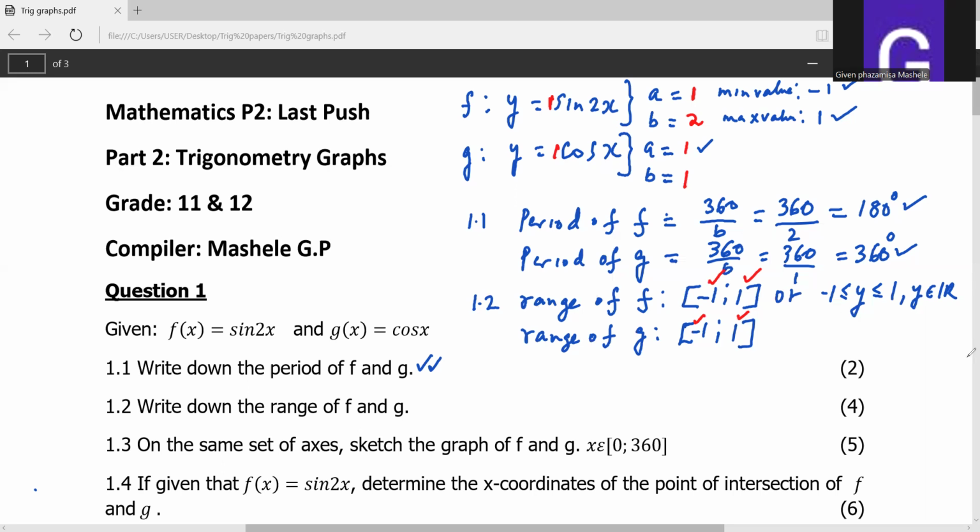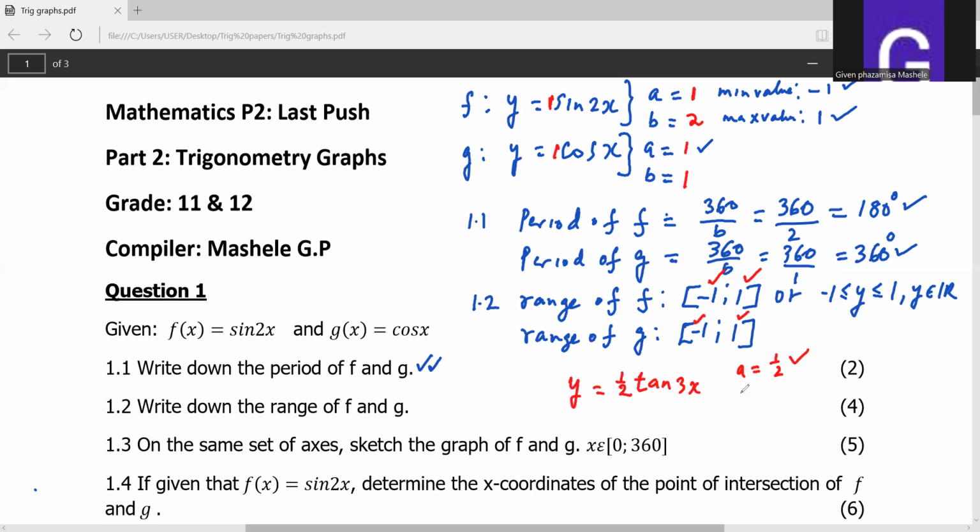But how about if we had, as an example, y equals half tan 3x? What would be the a here? The a will be half. However, we know that tan does not have a minimum and maximum in terms of determining the range.